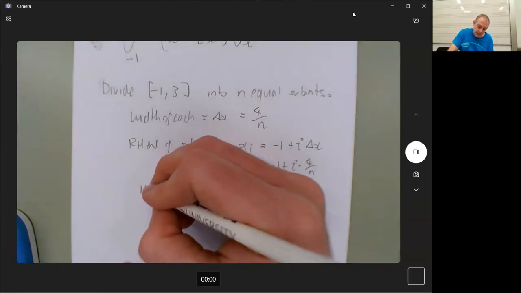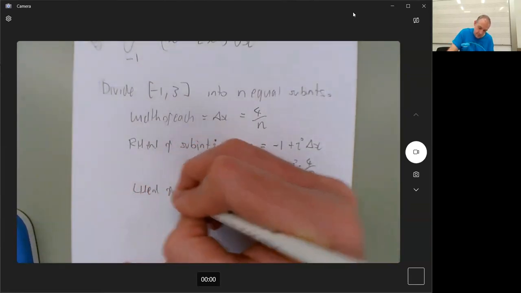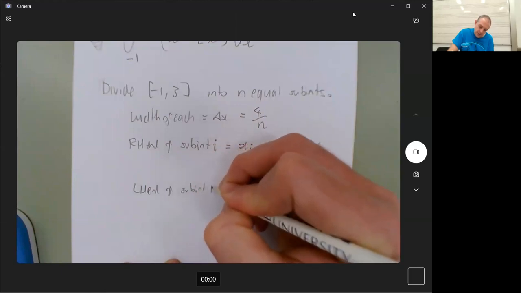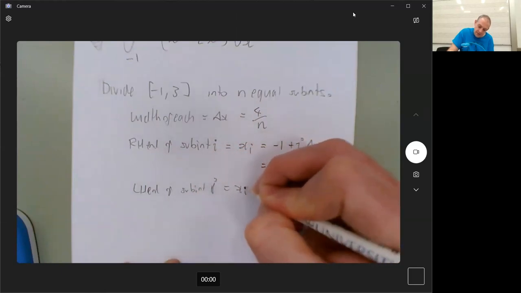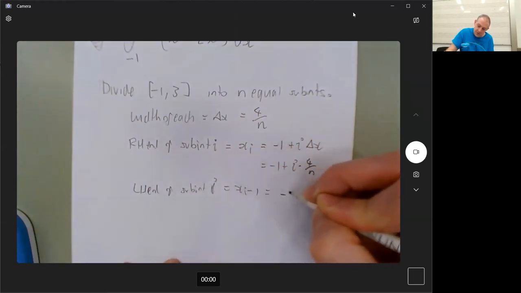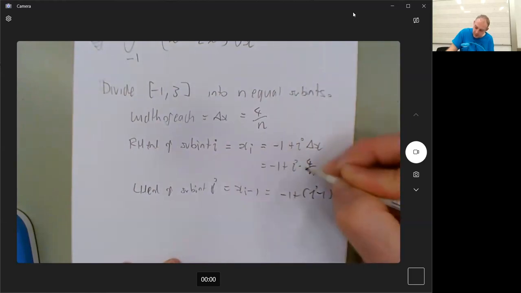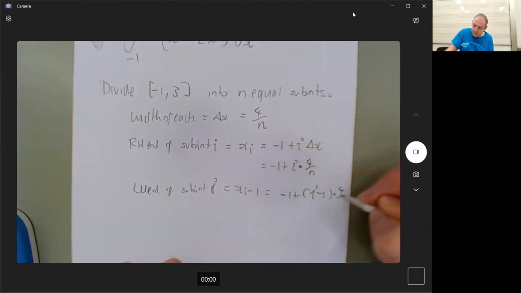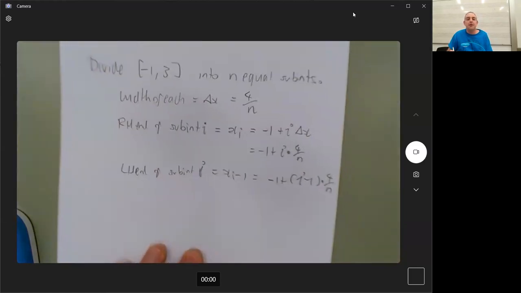And the left-hand end of subinterval number i is x(i-1), which is -1 plus (i-1) times 4 on n. That is step 1. Didn't take very long when we actually did it in practice. Took a while to describe, but that's the entire step 1.